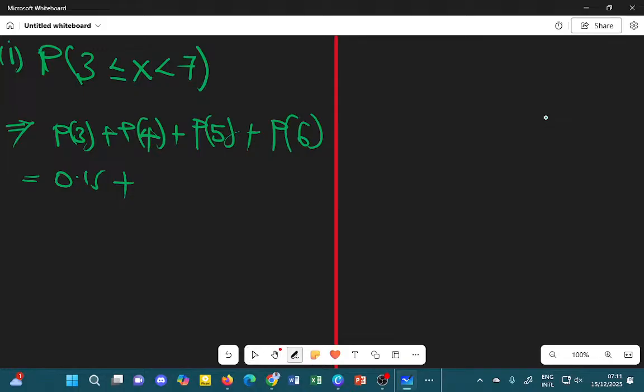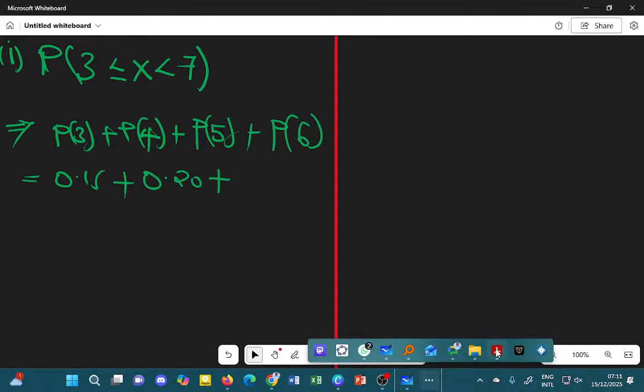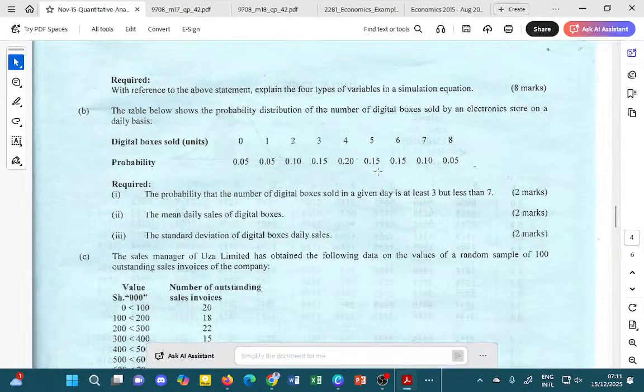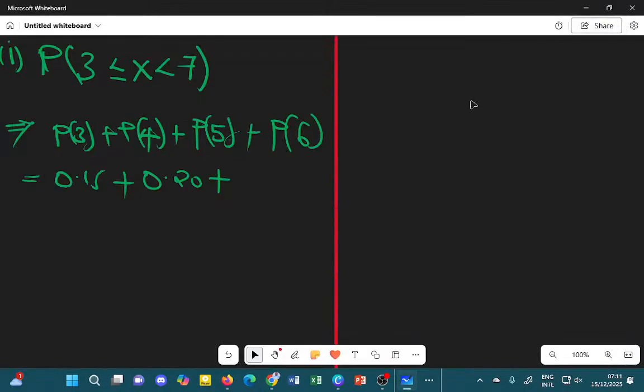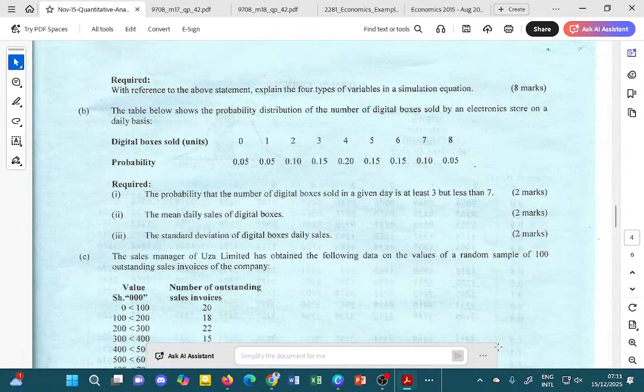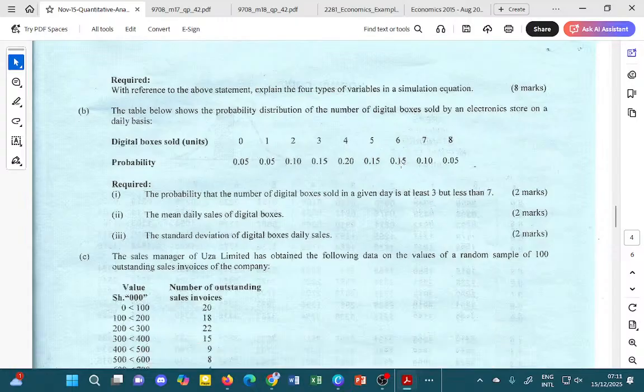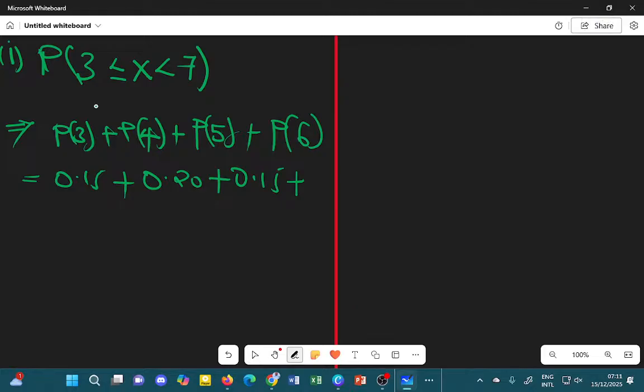Plus the probability that it is 5, which is 0.15. Plus the probability that it is 6, because we are not getting to 7. That again is 0.15.